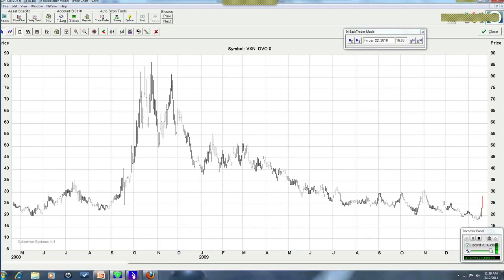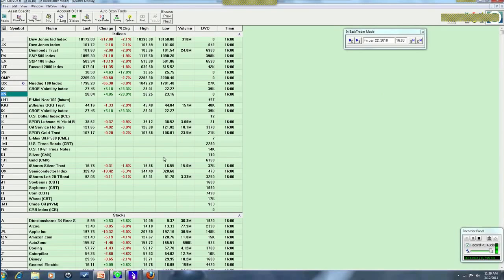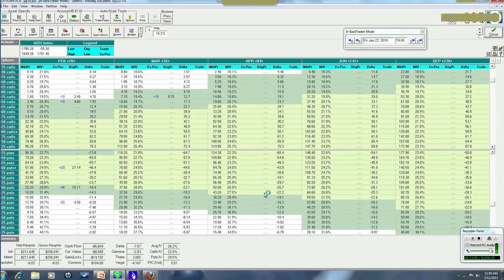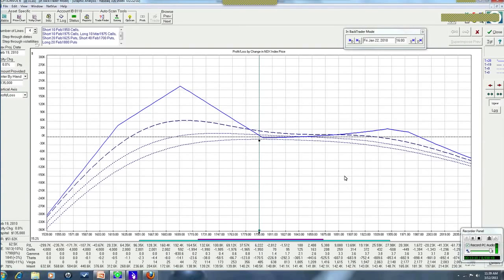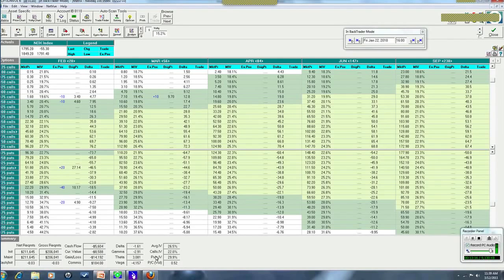Since we had an increase in vol, that's when I started the naked straddle, to take advantage of a higher vol. Of course, I could have waited and got a higher vol, but one doesn't know. So anyway, we started out like this, and this is how we finished the day, and this is what the position looked like at the time.